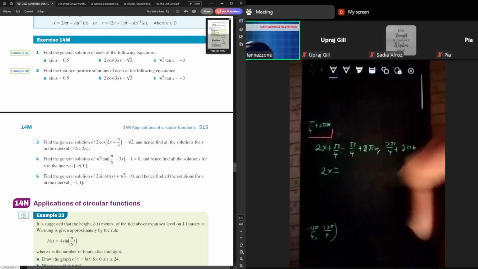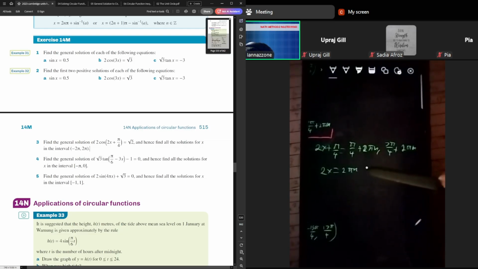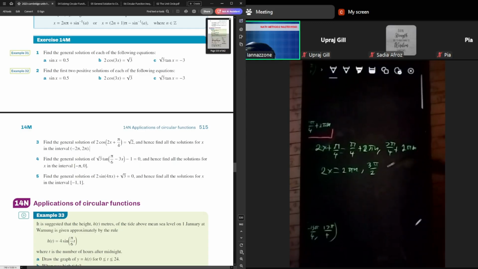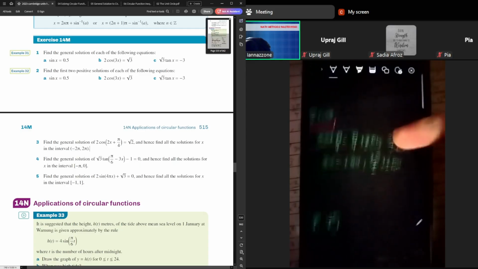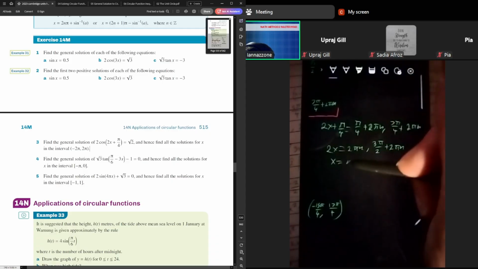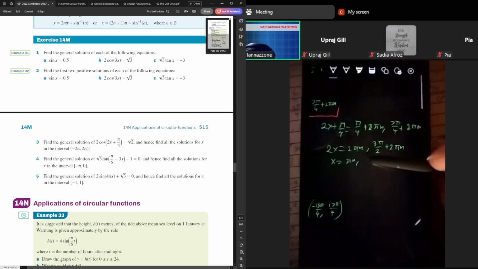That's going to give you 2x equals 2 pi n, and then going backwards on this one, 6 pi over 4, which is 3 pi over 2, plus 2 pi n. Then a further divide by 2 gives you x equals pi n and 3 pi on 4 plus pi n. Reminder that you divide everything in there by 2.